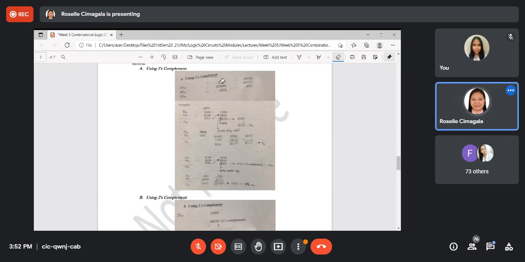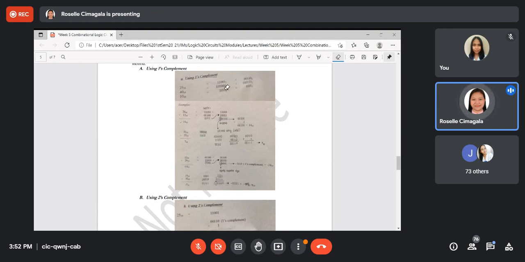The complement means we invert all the zeros into ones. For example, for 11001, the one's complement is we flip every 1 into 0 and every 0 into 1. Got it? So 11001 becomes 00110.